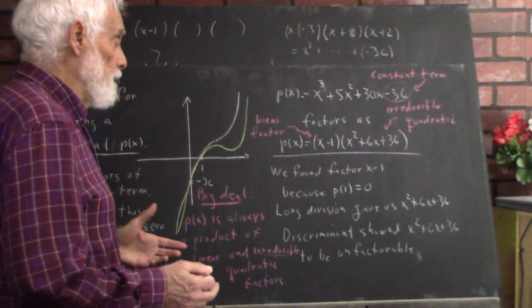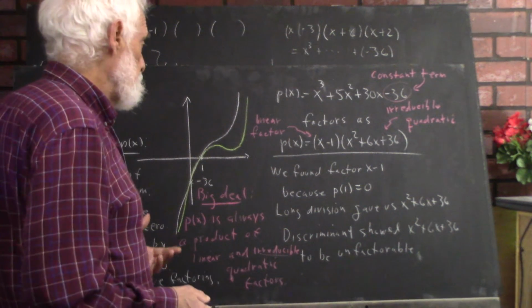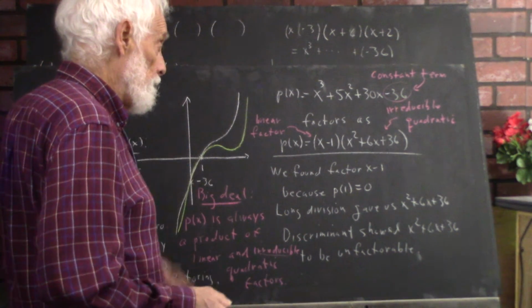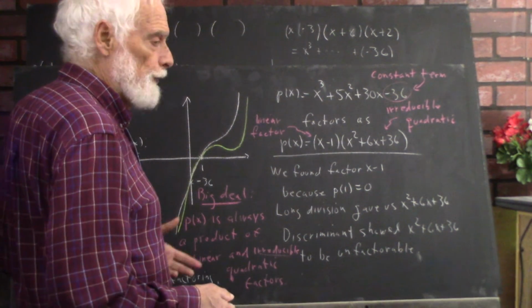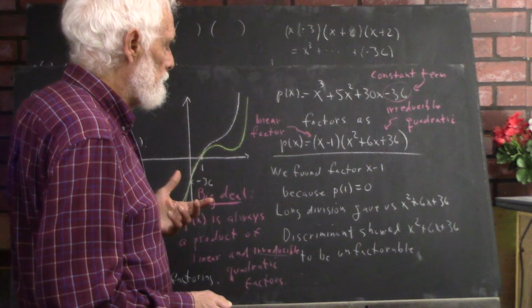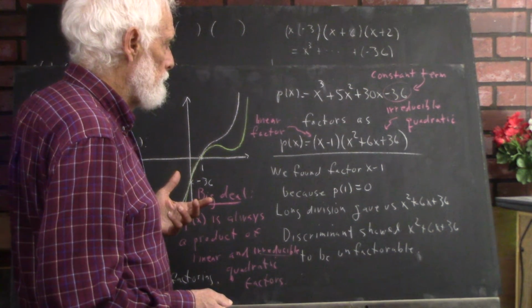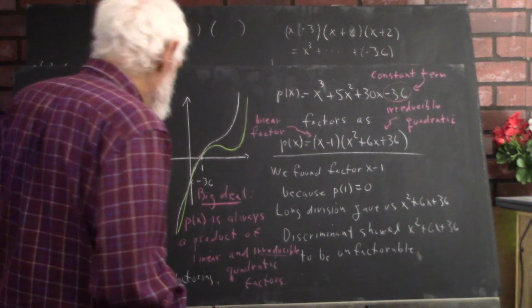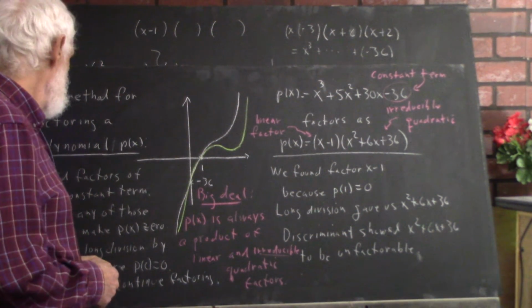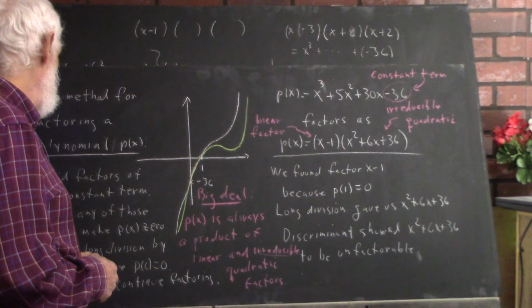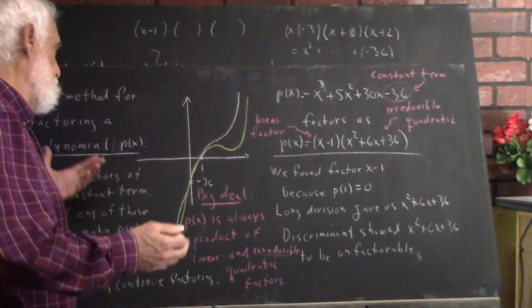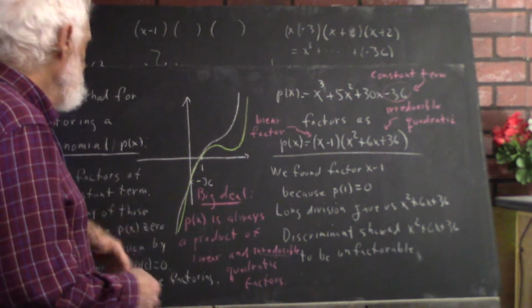X squared plus 6x minus 7 would be factorable. X squared plus 6x plus 5 would be factorable.